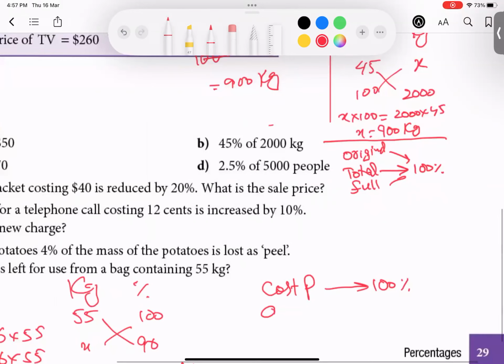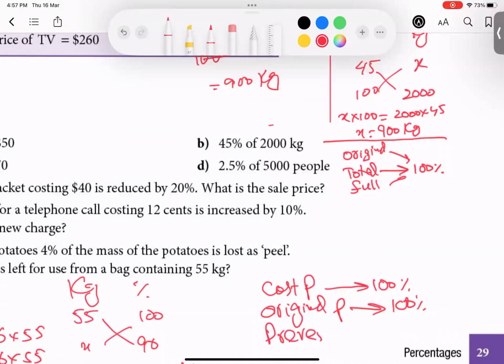Original price, whenever he says the word original price, we always take it as 100. Whenever he asks about previous money, previous amount, it is 100%. So 100% is the cost.